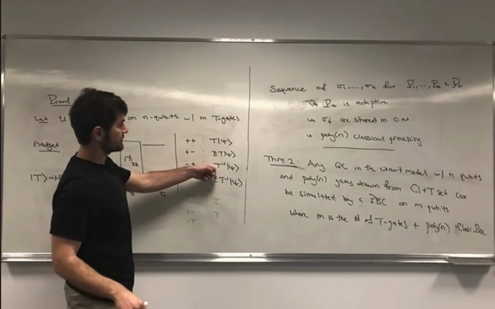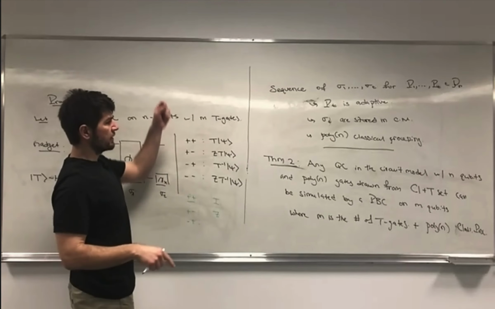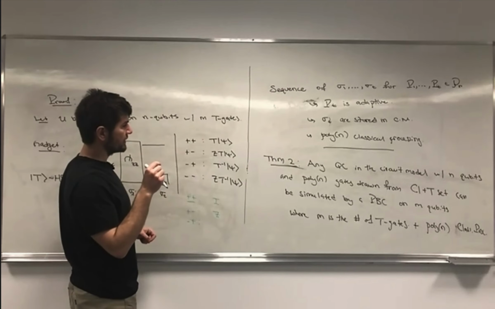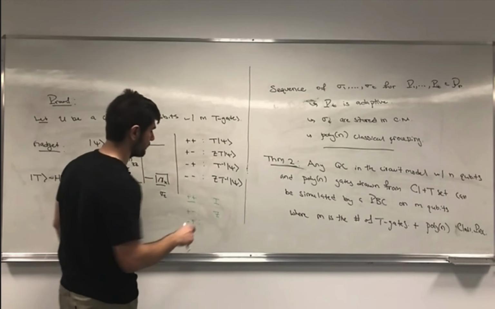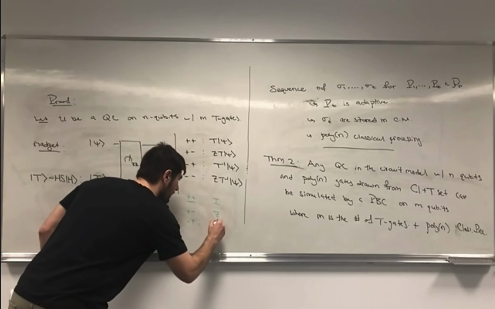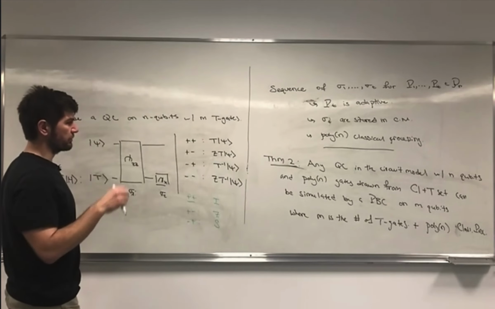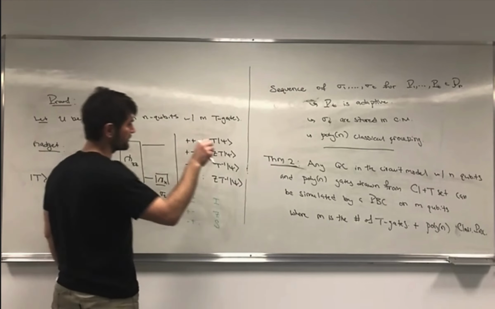For minus plus, if you remember the T gate, it's on the diagonal 1 and e to the i pi over 4. The inverse is minus i pi over 4. The way to fix this is to apply a phase gate, which applies a pi over 2, which fixes it.